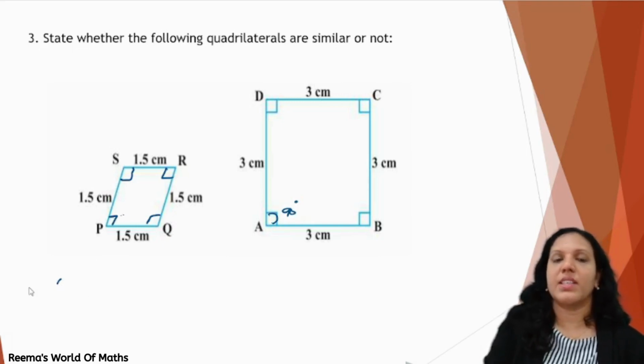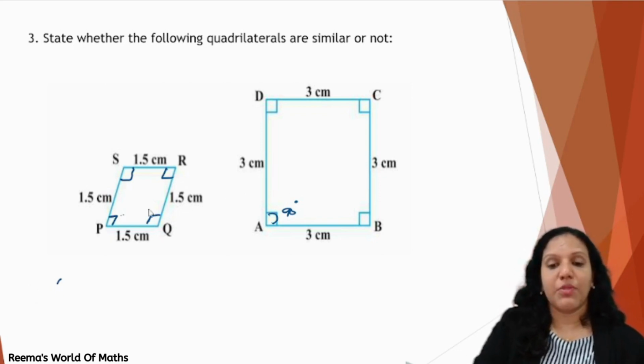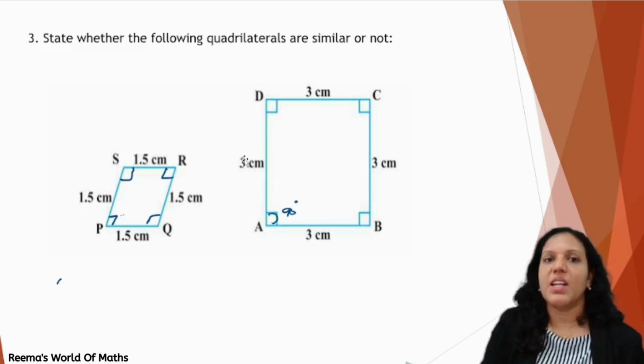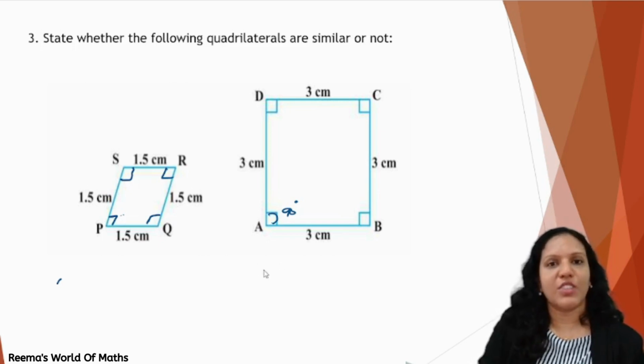So the first criterion, that the corresponding angles are equal, is not satisfied. Even if we see the sides are 1.5 centimeter and here it is 3 centimeter, so the sides are in proportion, but the first criterion, that the corresponding angles be equal, is not satisfied.